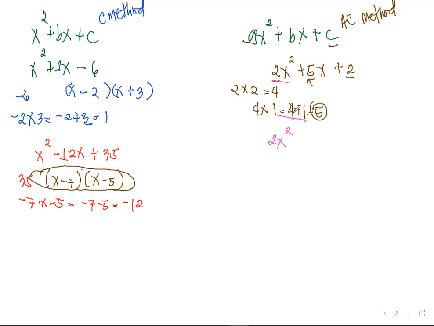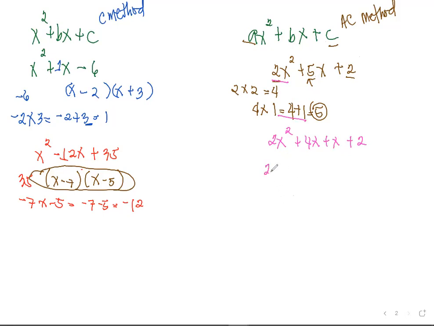So pwede nyo na po siyang ilagay as plus 4x plus x. Diba? And then the last term is c, which is 2. So you can see 4x plus x is equal to 5x. So we just simply expand the expression. Para po mag-group natin siya. After expanding the expression, we need to regroup the given.